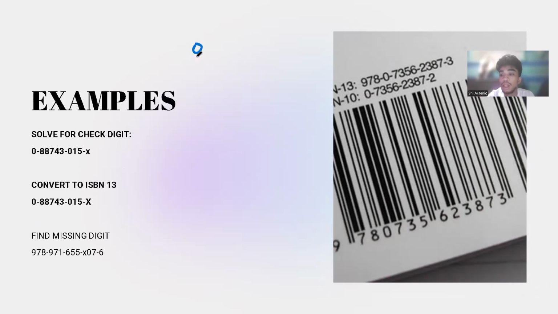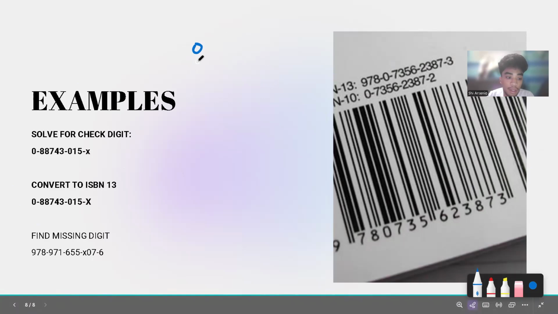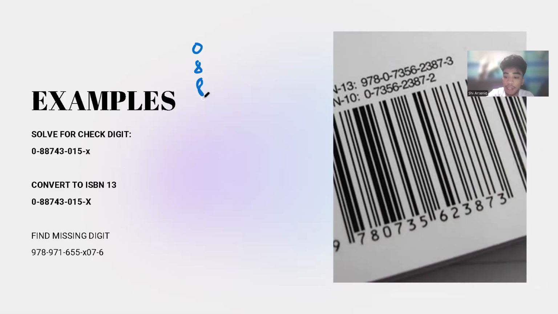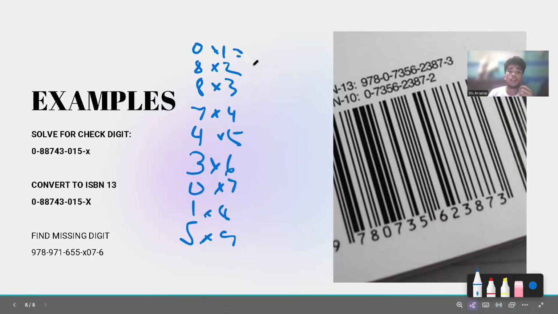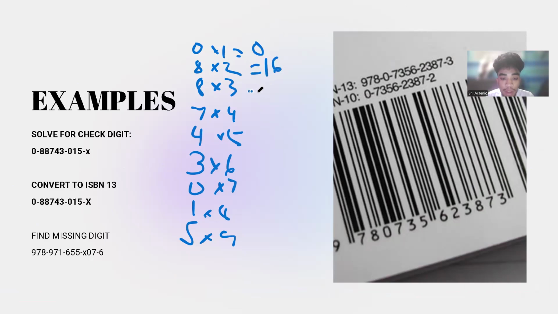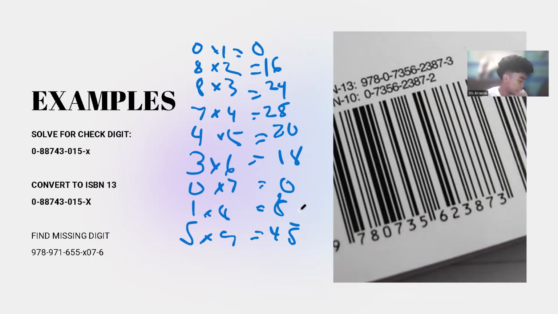So we will multiply each number by 1 to 9 depending on the position of the numbers in the code. 0 times 1 is 0. 8 times 2 is 16. 8 times 3 is 24. 7 times 4 is 28. 4 times 5 is 20. 3 times 6 is 18. 0 times 7 is 0. 1 times 8 is 8. 5 times 9 is 45.